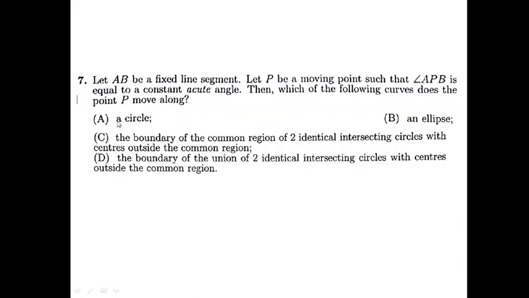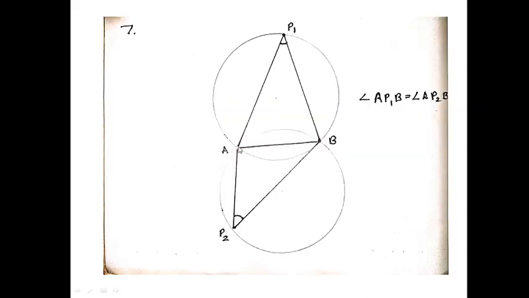C, this one is a confusing one. It can be a circle, but in a more general case, D will be the answer, because see the diagram here. AB is a fixed line segment and P1 is the moving point on the upper circle. P1 moves from A like this, and it goes on moving up to B, and for each point on the circumference of the circle, the angle subtended by the chord AB is equal.